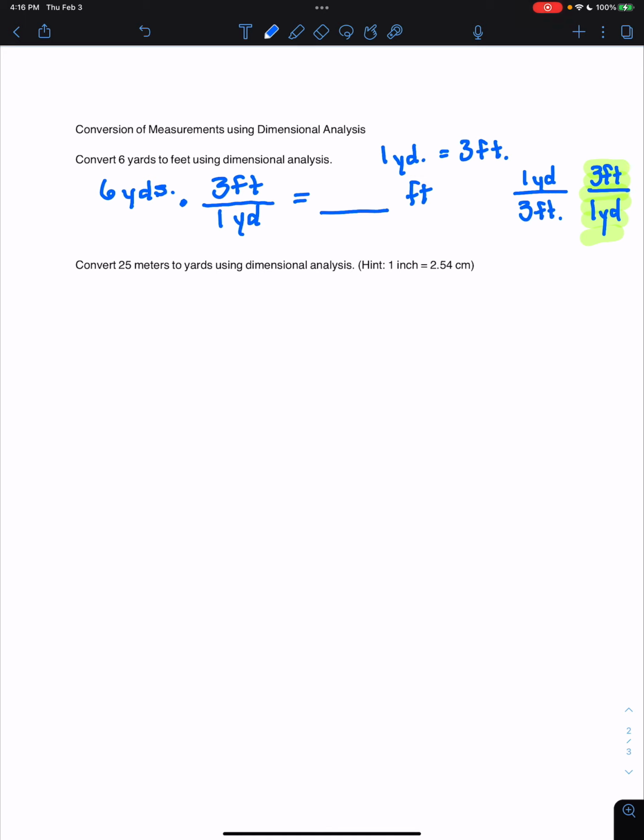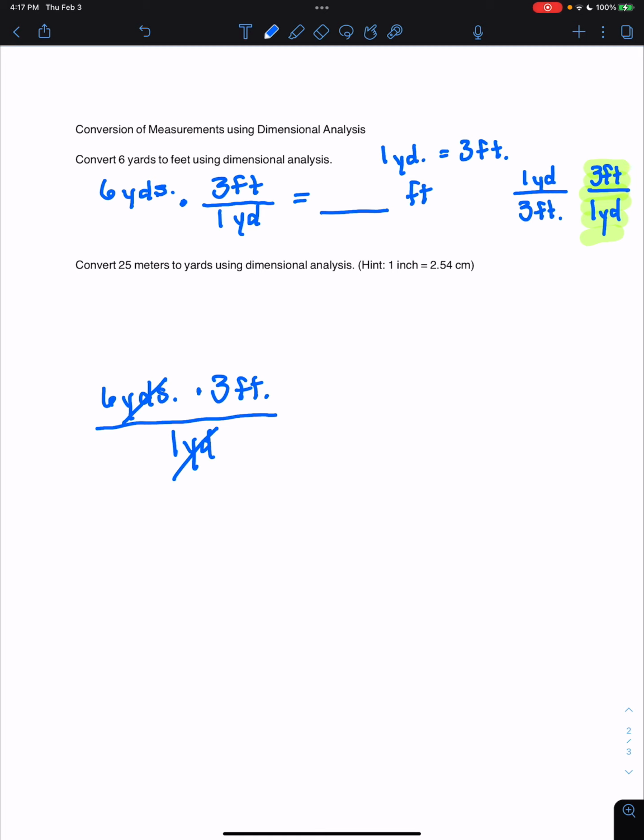We could rewrite this problem 6 yards times 3 feet over 1 yard. And we could say, oh, look, yards on the top and yards on the bottom, we can simplify that. So just like we did with our numbers, we can simplify that. That kind of makes a one pair, just like we saw with fractions.